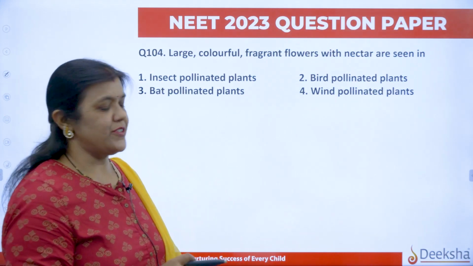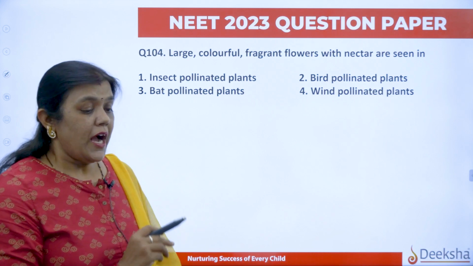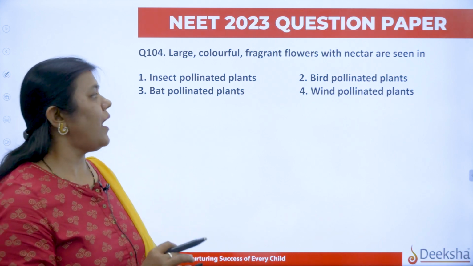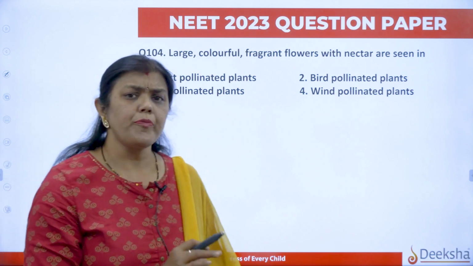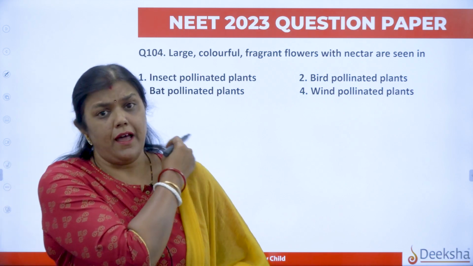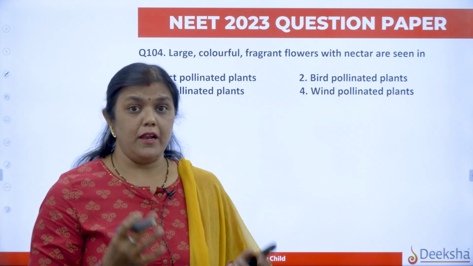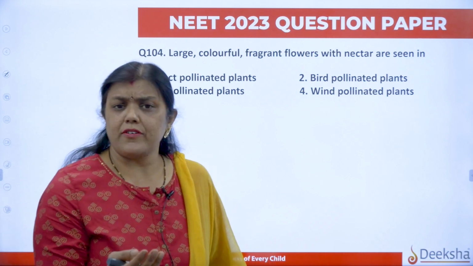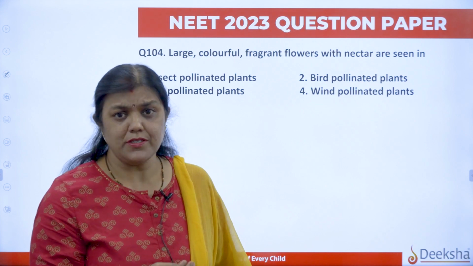Okay, there's an interesting one. Large, colorful, fragrant flowers with nectar are seen in. Now, why will the flower become very large, why will it become colorful, and why will it have nectar and fragrance? To attract the insects, birds, or something like that.